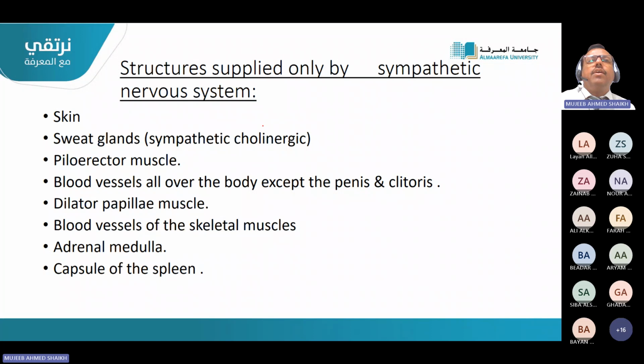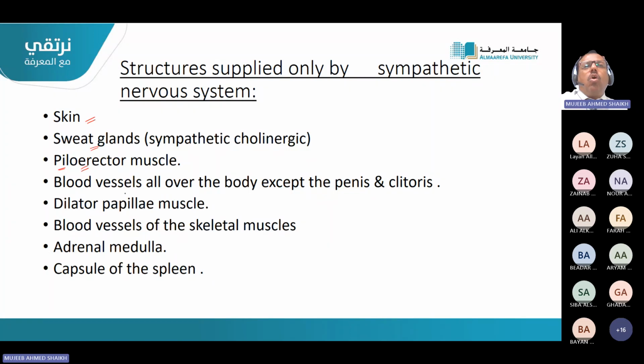The general rule is every organ will receive sympathetic as well as parasympathetic, but there are some exceptions, like skin will receive only sympathetic supply, sweat glands will receive only sympathetic supply, and the piloerector muscles of the skin, where during a frightening reaction your hairs become erected. This is through piloerector muscles, only supplied with sympathetic.